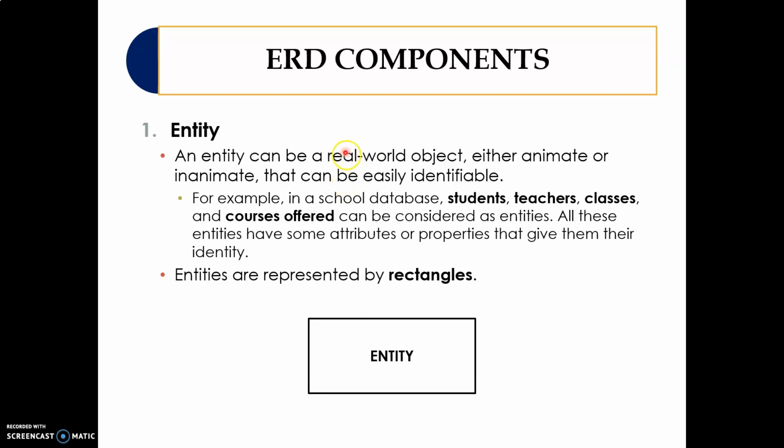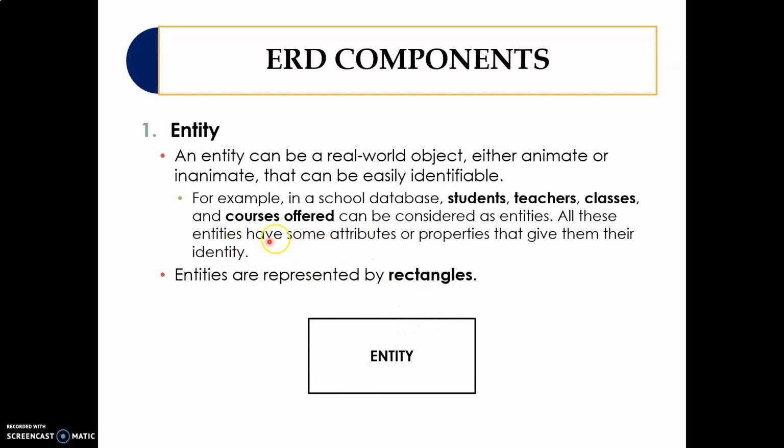The first ERD component is the entity. Like I said before, an entity can be a real world object, either animate or inanimate, meaning that it can be easily identifiable. For example, in a school database, students, teachers, classes, and courses offered can be considered as entities.